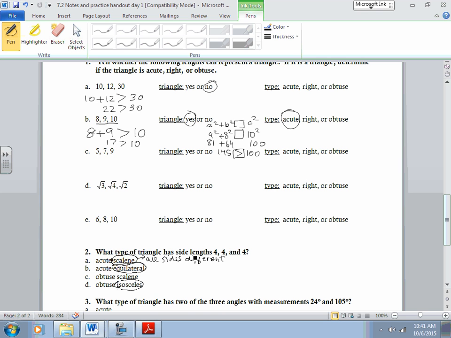Is that readable? All sides are different? Okay. Equilateral, all sides are the same. And isosceles, 2 sides are the same.